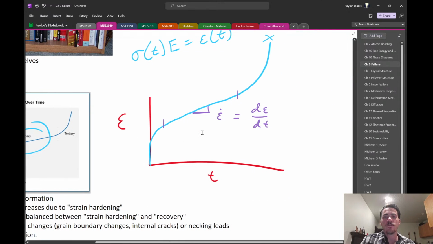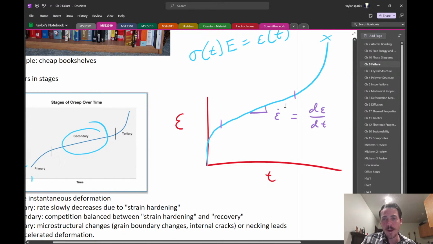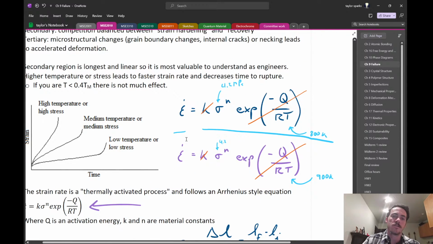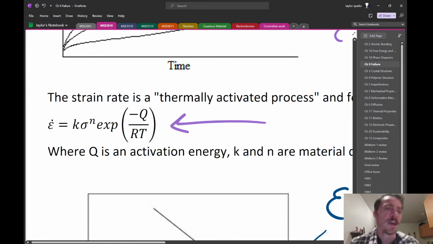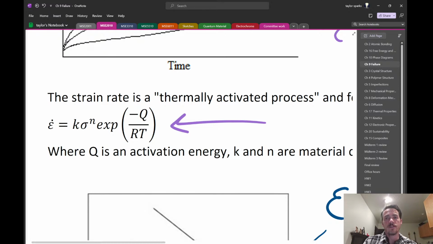The equation for that, the strain rate is constant. This epsilon dot means the rate, that's d epsilon dt. It's not that it's not increasing, it's that the rate is not changing, right? And the equation that we use to fit that is this one, where we say that the strain rate is equal to K times sigma to the n times exponential of negative Q over RT.